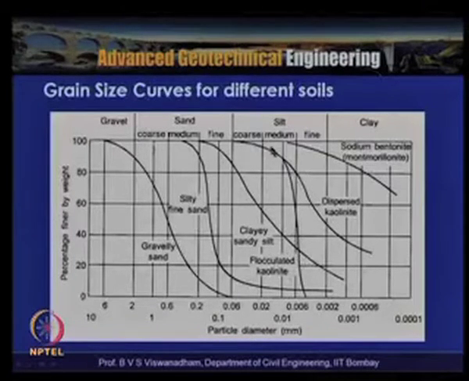So, the flocculated kaolinite has this type of distribution, and dispersed kaolinite has this type of distribution, and here the sodium montmorillonite based soil has a distribution which is shown here.